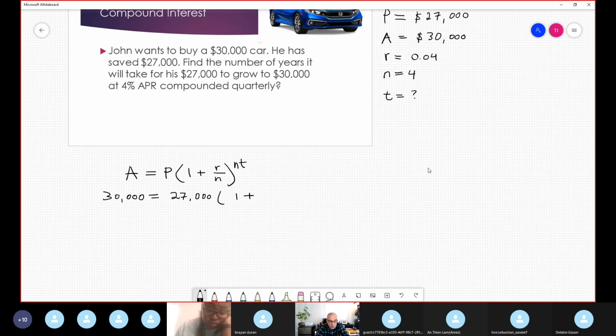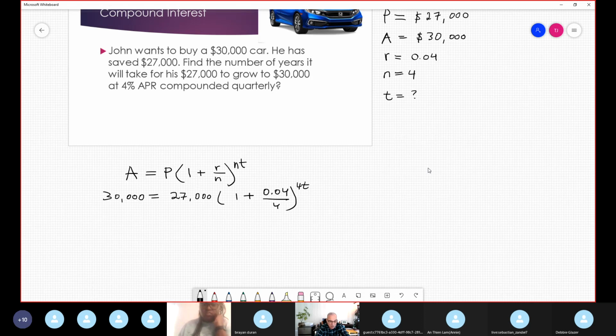Parenthesis 1 plus 0.04 divided by 4. And the exponent, I know partially. I guess m is 4, but t is my unknown. So in this moment we have an exponential equation because the unknown in my problem is located in the exponent. But don't worry, it's easy.